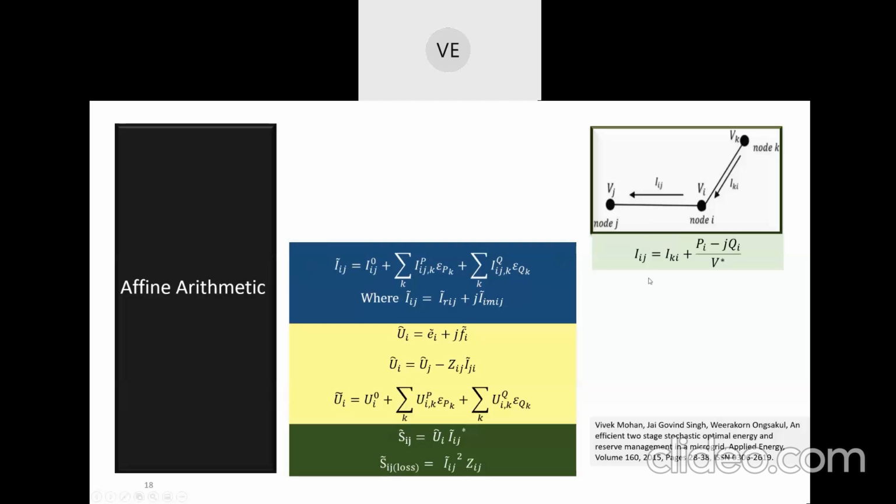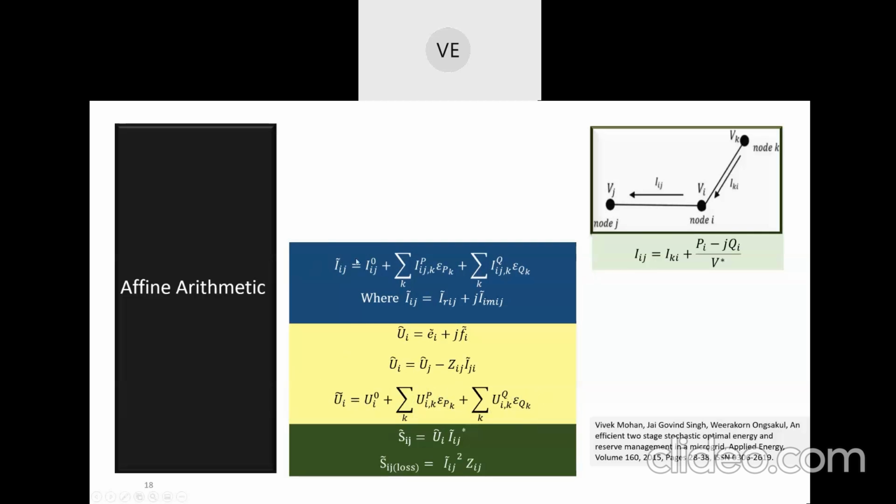Corresponding to deterministic estimates, there are voltage values. That will be UI 0. Now, based on sensitivities, we have some delta UI. So delta UI with respect to active power injection uncertainties, delta UI with respect to reactive power injection uncertainties. Both are considered, and you are getting the affine voltages.